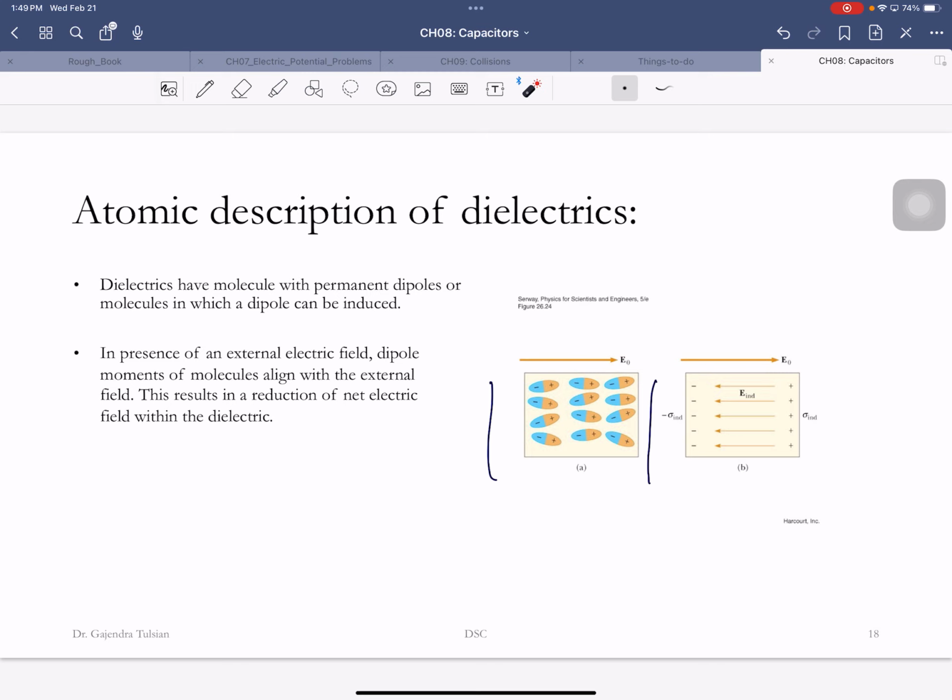This is the induced field, and so the net field is decreased between the plates. This is the plate field without the dielectric. This is the induced field, and so with the dielectric, the total field is this minus this. That's how come with the dielectric present you can charge it to a higher voltage.